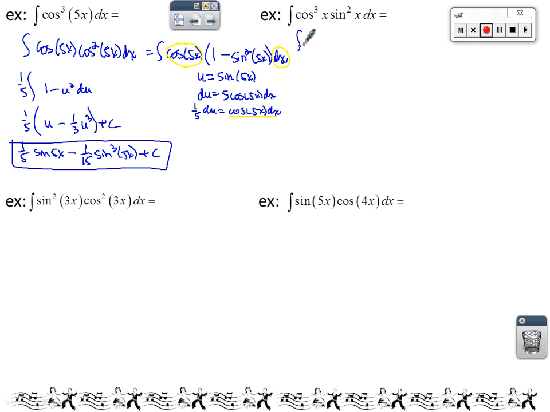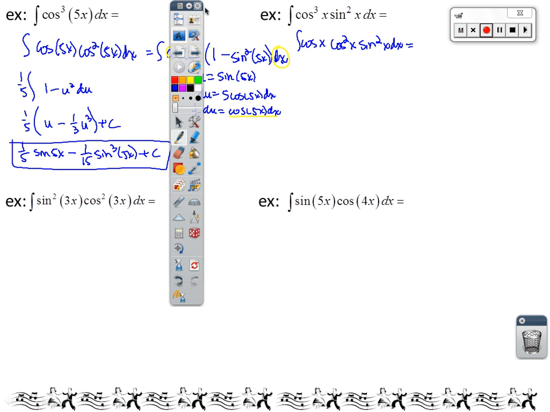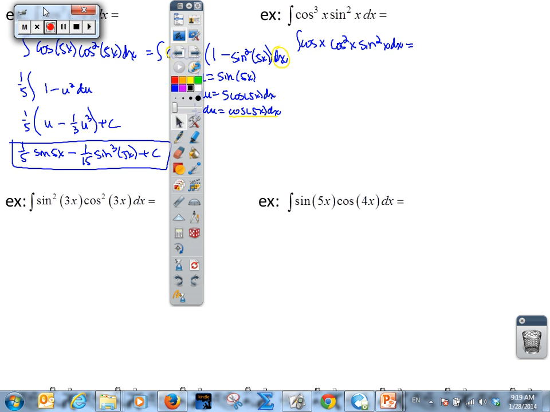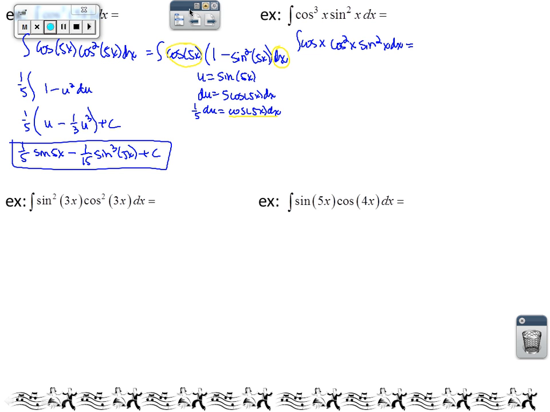I'll rewrite cosine x, and then I would have a cosine squared x and a sine squared x. Let's turn that cosine squared x into 1 minus sine squared. So we have cosine x, and then I have 1 minus sine squared x and sine squared x.